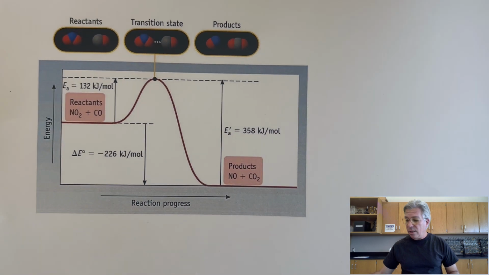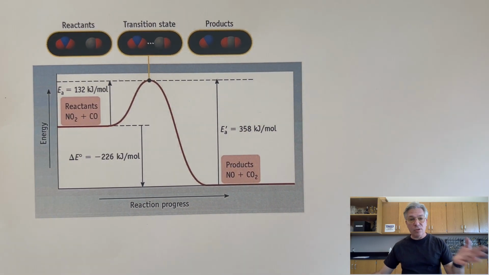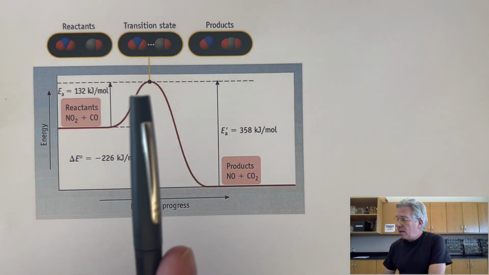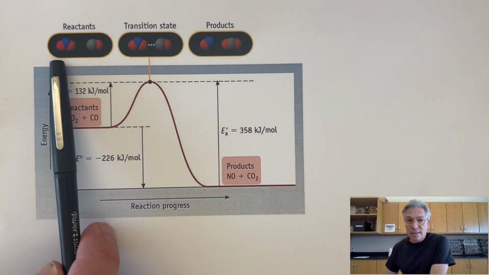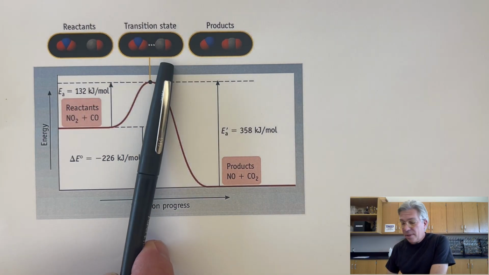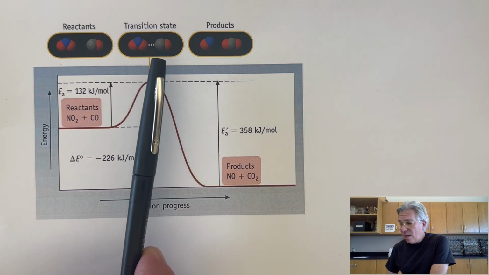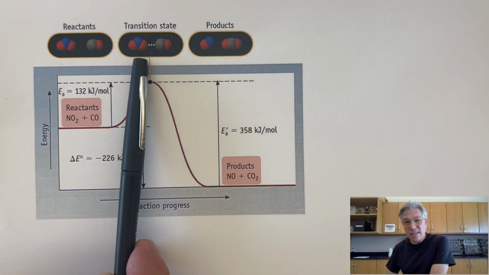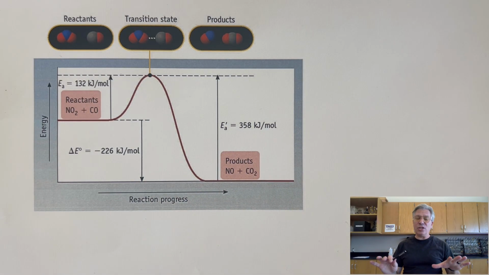We're going to start by looking at a reaction energy profile we've seen before. If you've watched previous videos in this unit, you'll recognize this. Typically we have two reactants. They have to collide in order to react. When they collide, they reach a transition state, which is kind of like a high energy situation. They're not the reactants anymore.